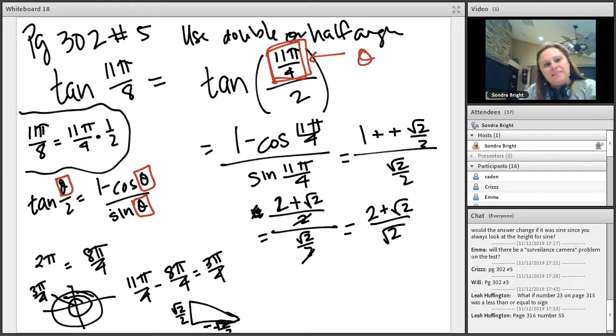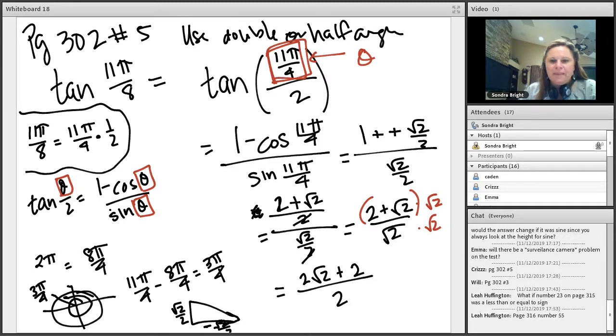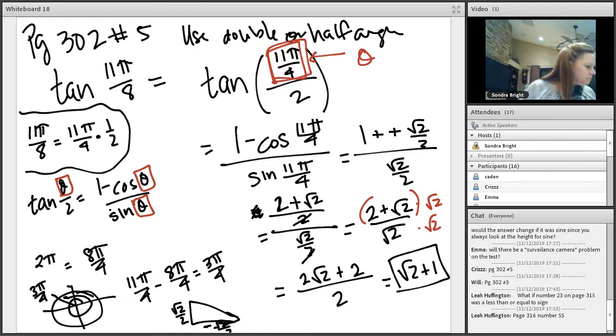Rationalizing that, you multiply top and bottom by rad 2, which means I've got 2 rad 2 plus 2 all over 2. And 2 goes into all of those, so it's rad 2 plus 1. Yep. All right, so that was number 5.